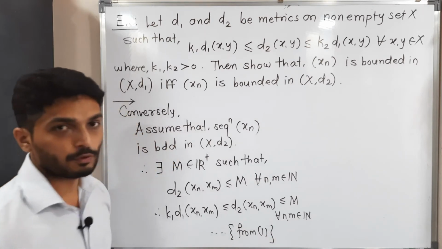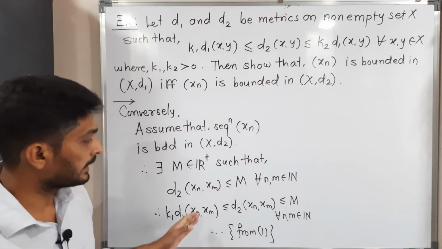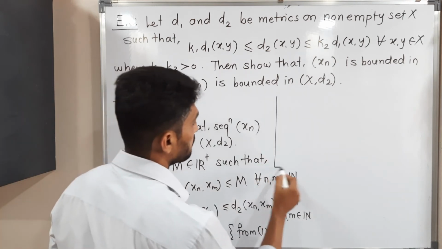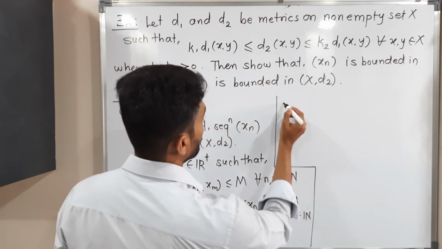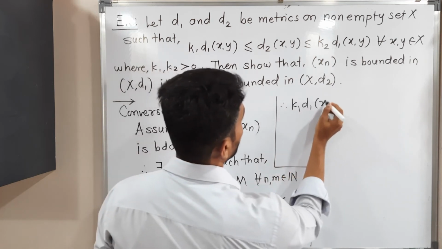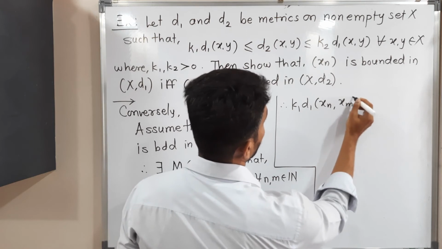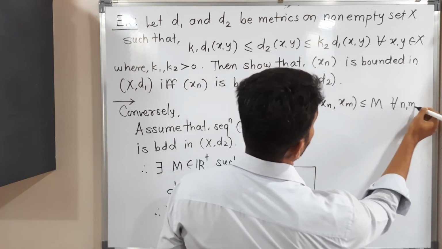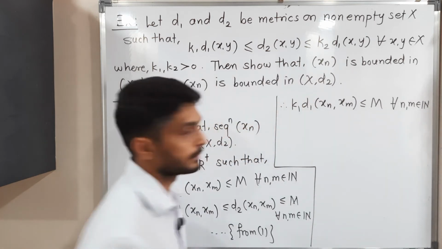I should mention, okay, from 1. So see, a less than b, b less than c, so a less than c. Let us write. So therefore k1 d1 of xn, xm is less than or equal to m for all n, m belongs to the set of natural numbers.